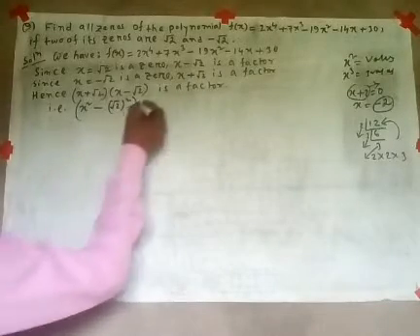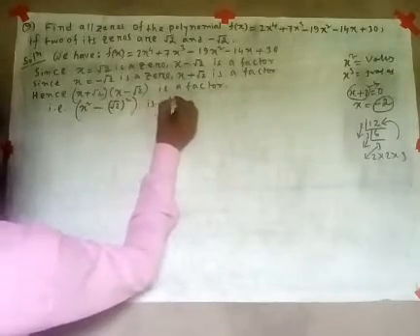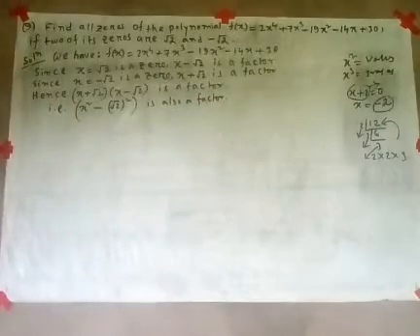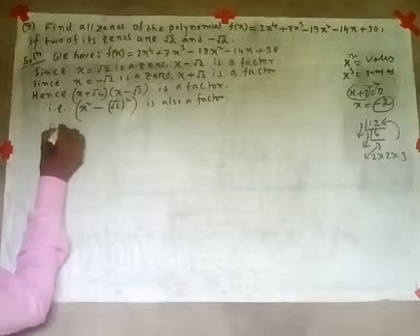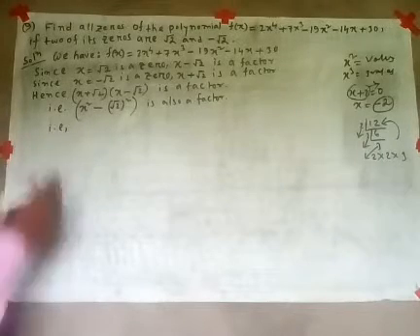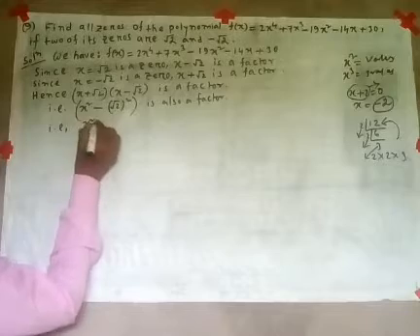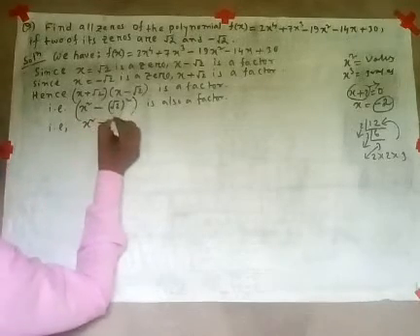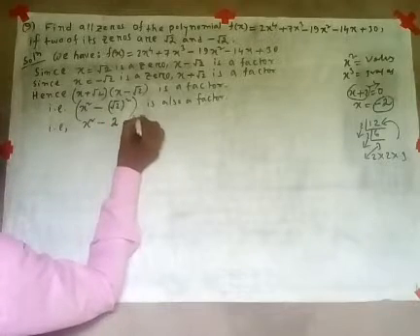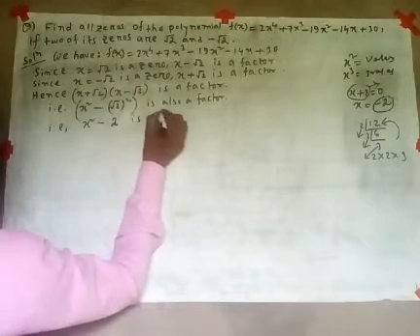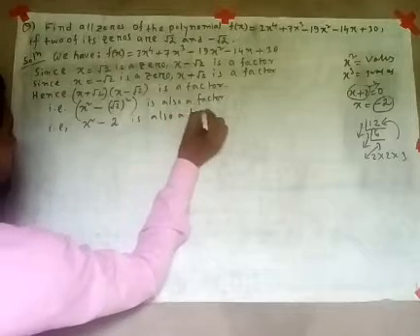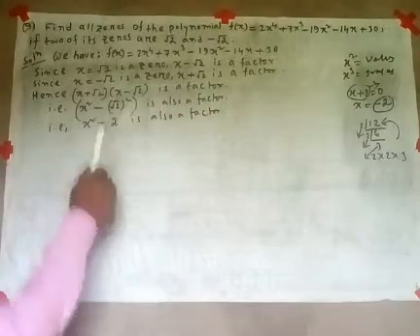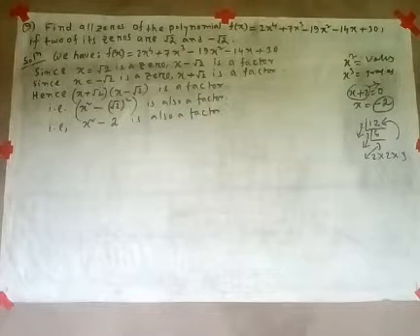So it is x square minus root 2 square. The root and square cancel, so only 2 remains. X square minus 2 is also a factor.